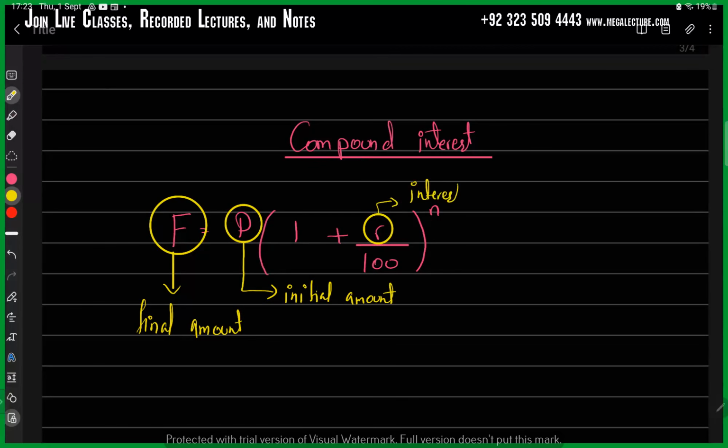Now, for example, if the interest rate is 20%, R is going to be 20 because that percent is already mentioned over here. Okay, so 20% means R is 20. 30% interest rate means R is 30. Okay, acha. And then this N is basically the number of years. Now we will be using this formula directly in order to understand things. Okay, so let's talk about one question.